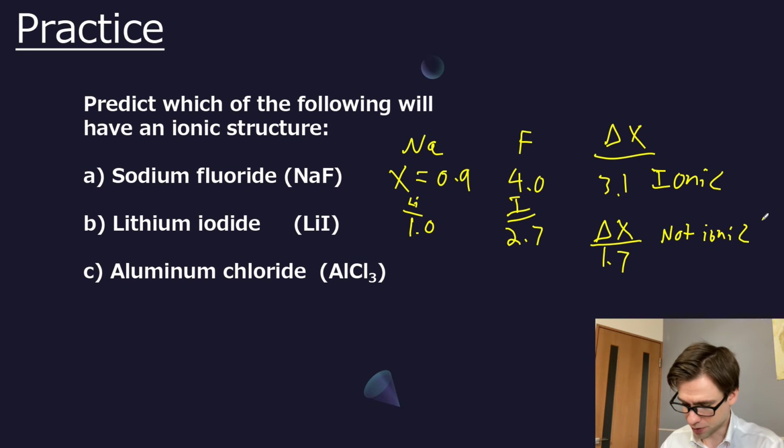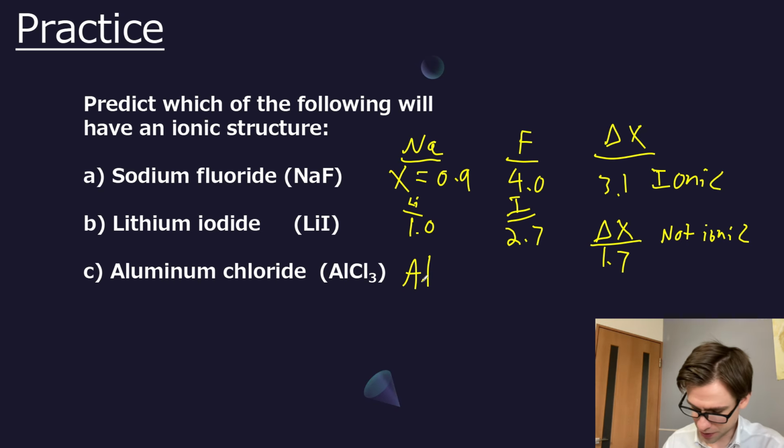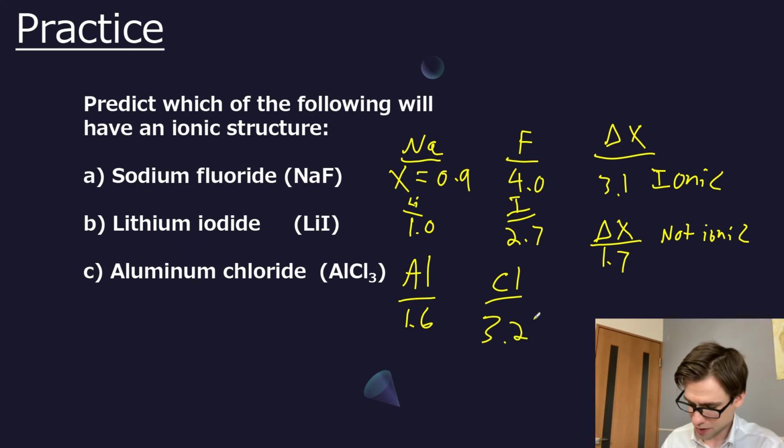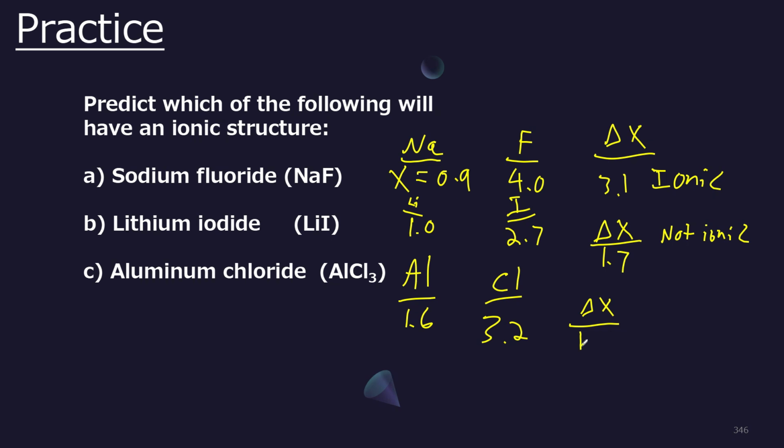Then aluminum chloride. So how about aluminum? I think that's 1.6 electronegativity. And chlorine, 3.2. So this delta chi, or electronegativity difference, will be 1.6, even slightly less than lithium iodide.